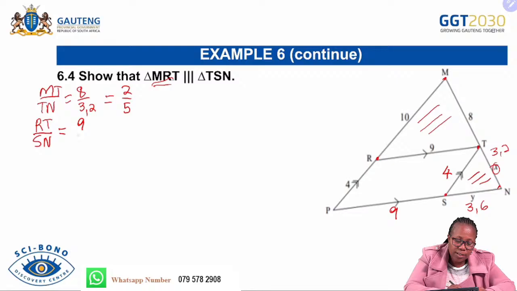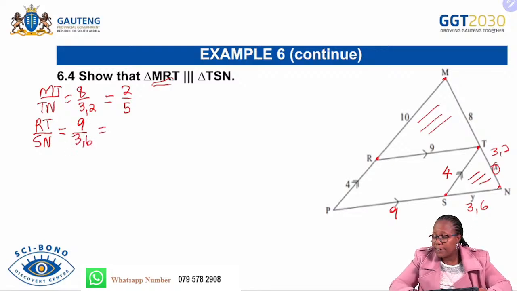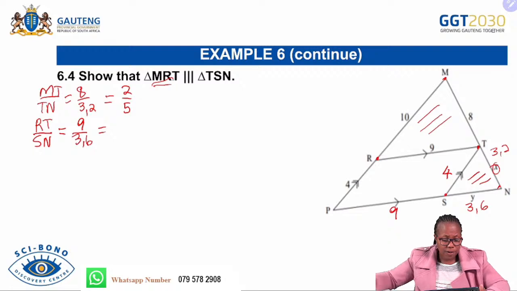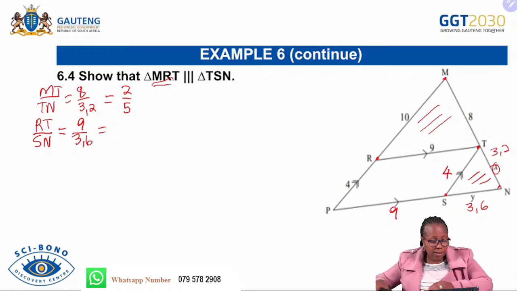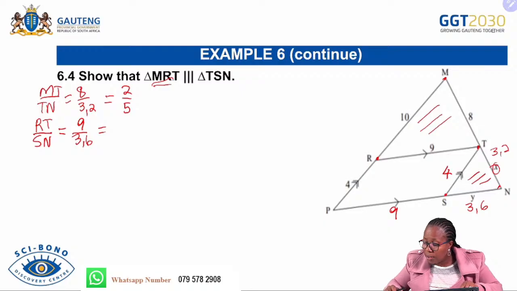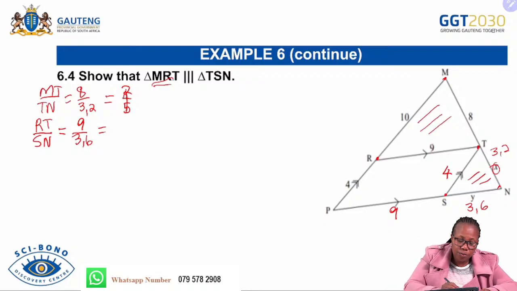Therefore, it is giving us the ratio 9 over 3,6. Please check with me also. Let me verify this. Is it 2 over 5 or 5 over 2, grade 12? Are we still together? For the first one, 8 over 3,2, let's check. It's 5 over 2. Okay, 5 over 2.